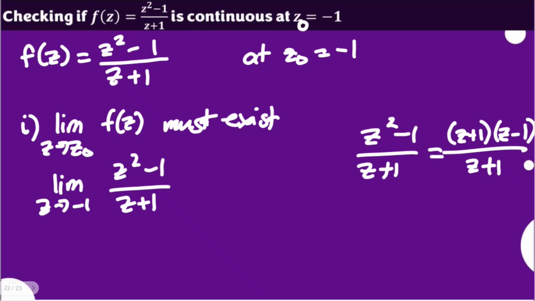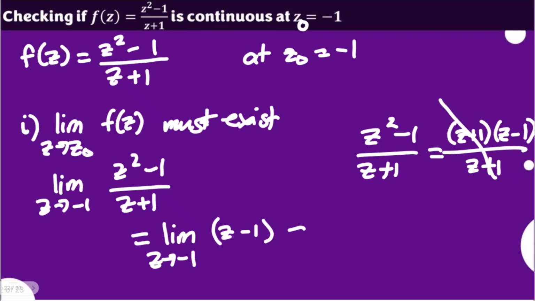With that, we can take that out as the cancellation law holds. This is equivalent to the limit of the remaining function z minus 1 as z approaches negative 1. At this time, we can guarantee that there is a limit by using the substitution linearity property for limits. You have negative 1 minus 1, you will get negative 2.